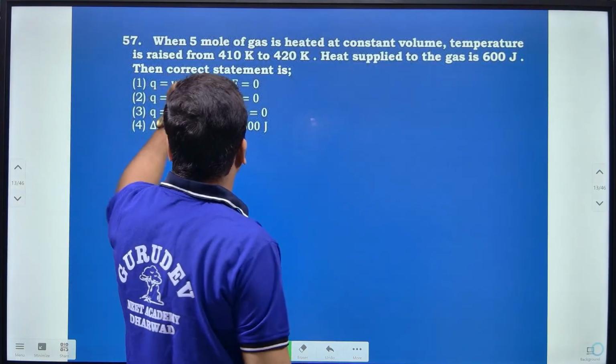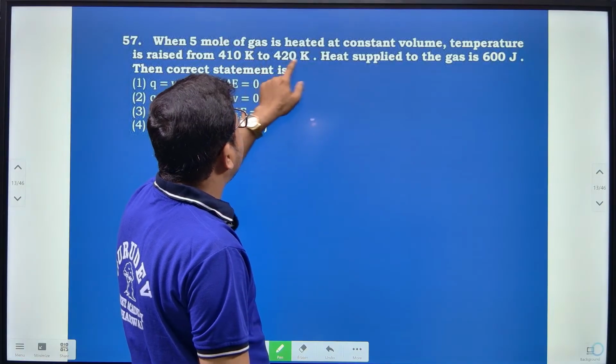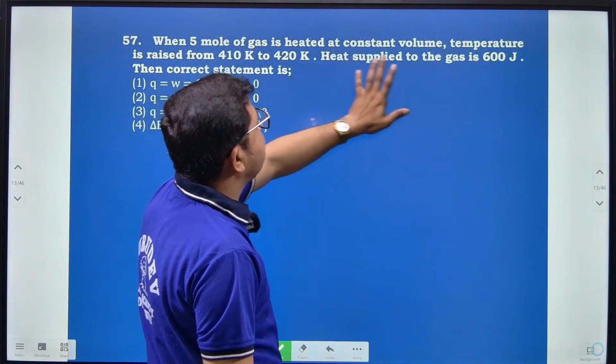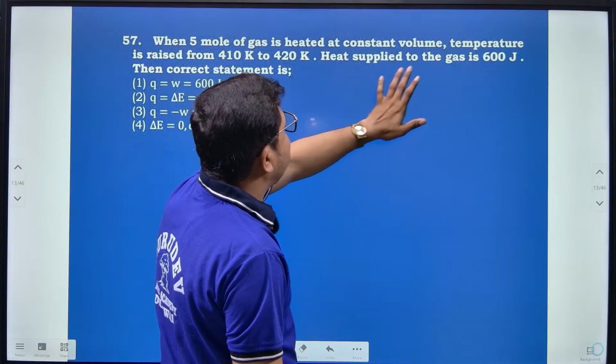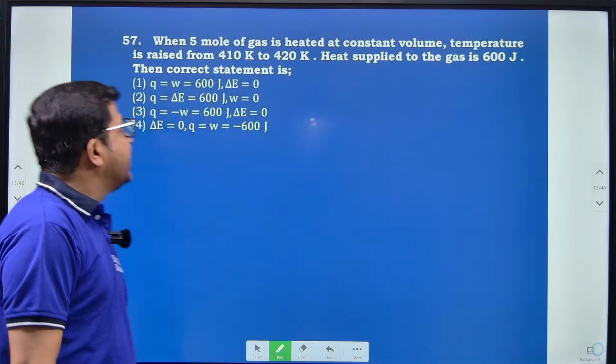Next, when 5 moles of a gas is heated at constant volume, the temperature is raised from 410 to 420 Kelvin. Heat supplied to the gas is 600 joules.